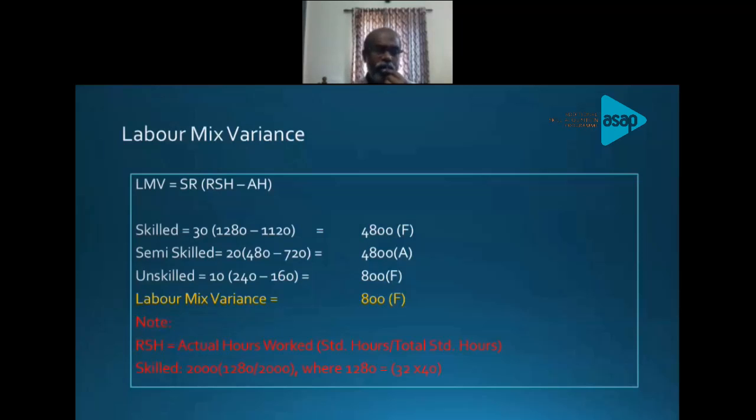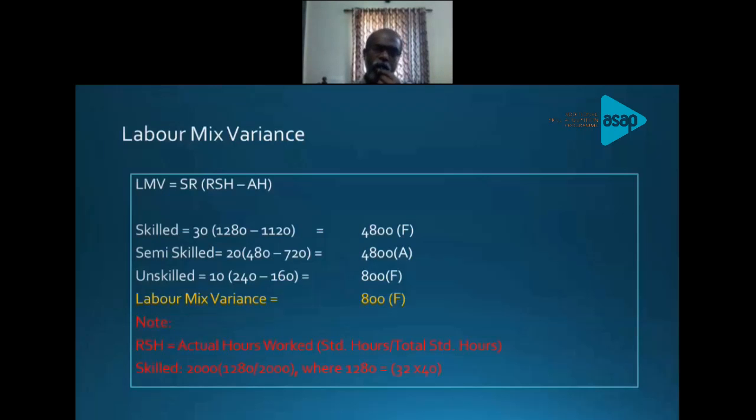It is adverse because the actual hours paid for is more than the standard. As far as unskilled workers are concerned, their standard time was 240.